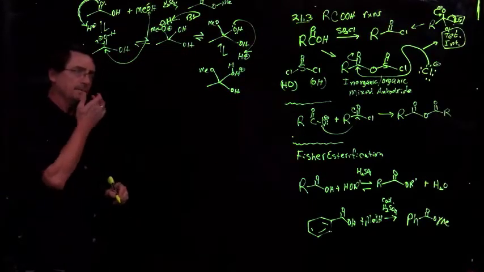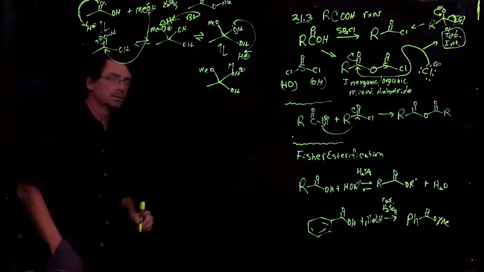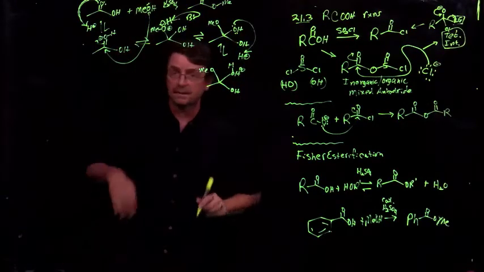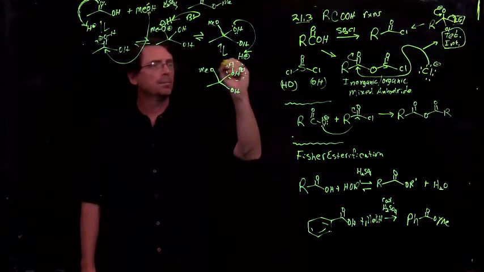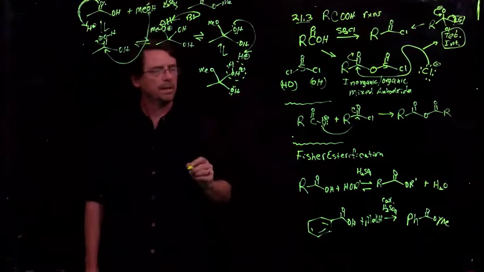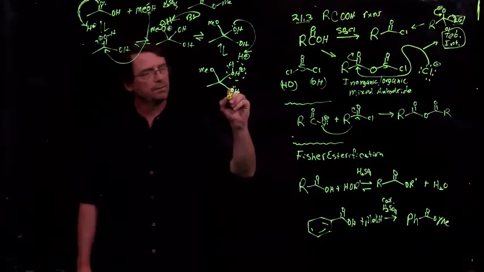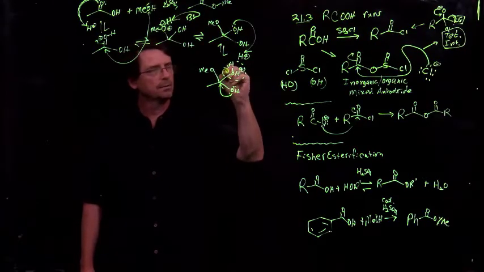We now have another good leaving group, right? Hydroxide's not, under acidic conditions, a good leaving group, but water is. Water is a stable molecule. So we have, again, sort of the equivalent of an internal nucleophilic displacement and leaving group leaving.